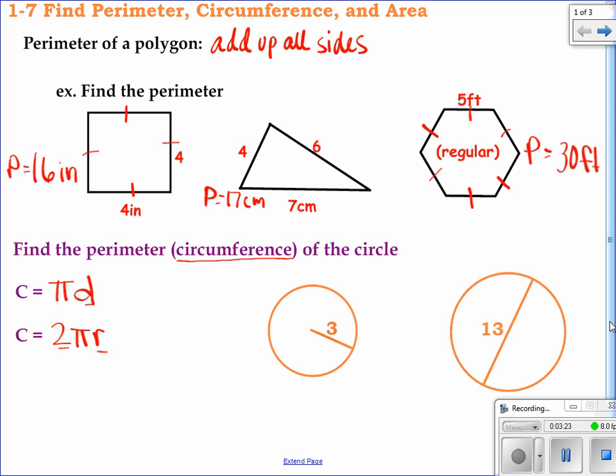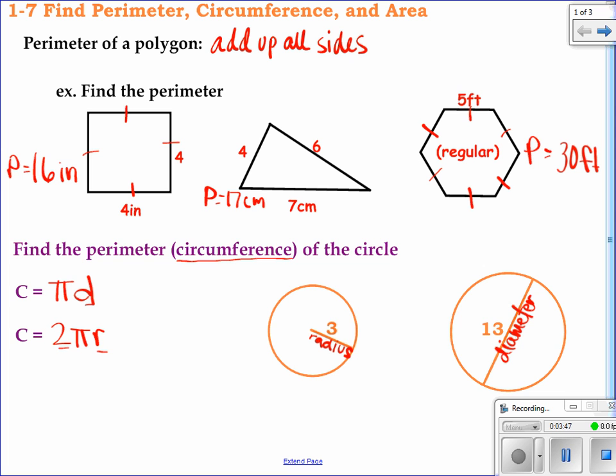Usually we use the one with whatever object they give us. What object do we have here? No. What is this one? No one else is answering. So whichever object they give you, radius or diameter, that's the formula you want to use.